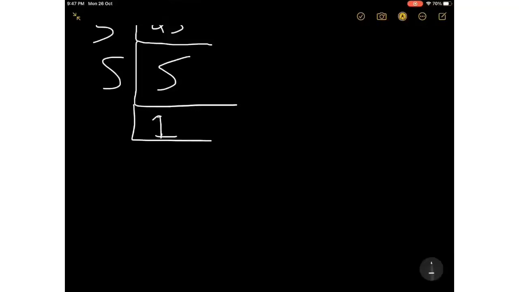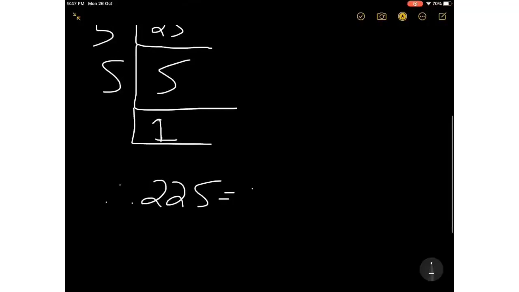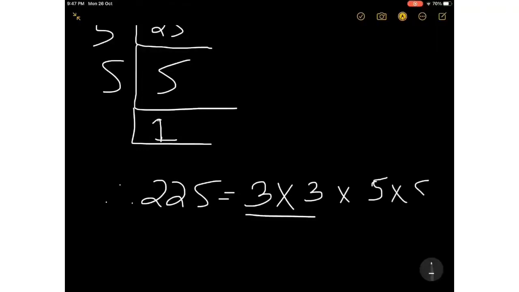So prime factorization of 225 is 3 into 3 into 5 into 5. So we have got pairs, 3 into 3 and 5 into 5. In the next step, you have to bring the square root down.